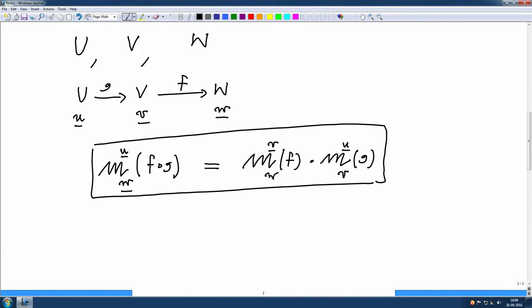If this were n dimensional, this is m dimensional, and this is r dimensional, then this matrix is m cross r, this matrix is m cross n, and this matrix is n cross r. So to define a product of two matrices, we need the columns of the first matrix and the rows of the second matrix to be numbered by the same set. In particular, they have the same cardinality.